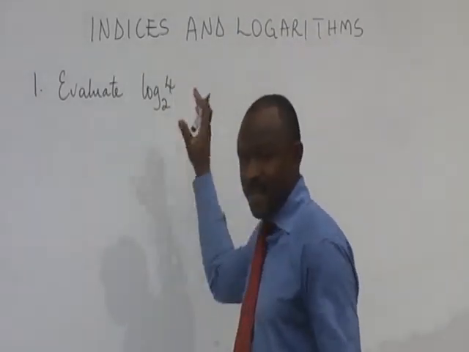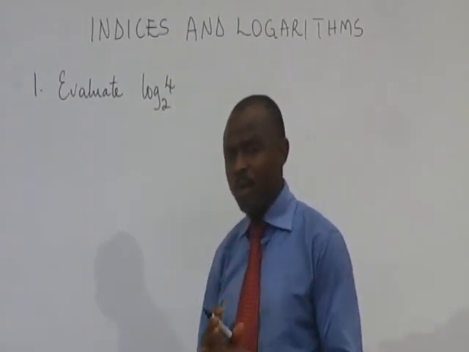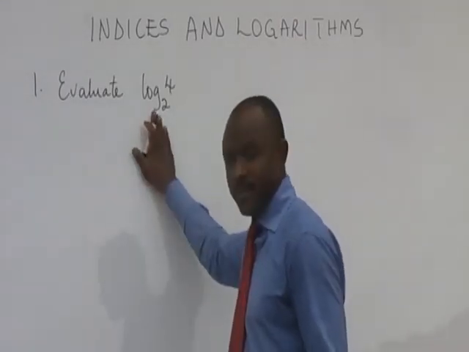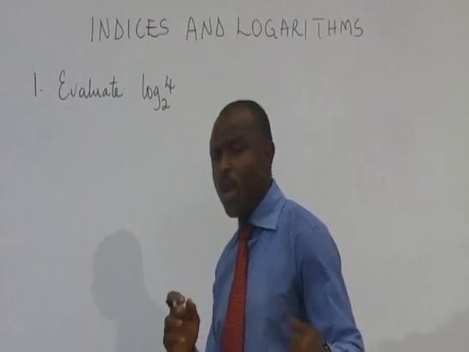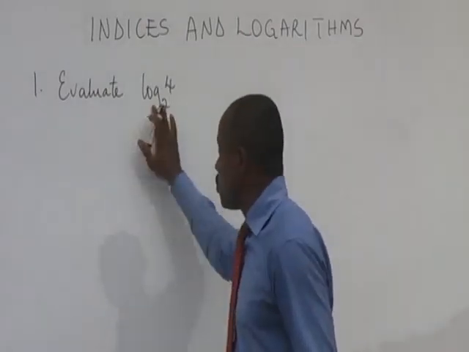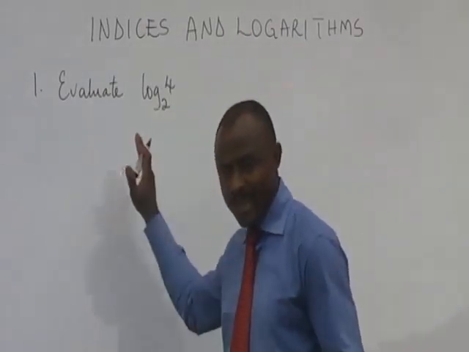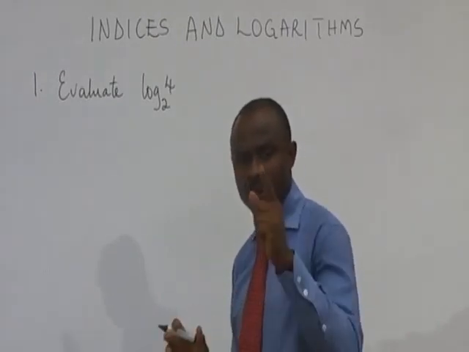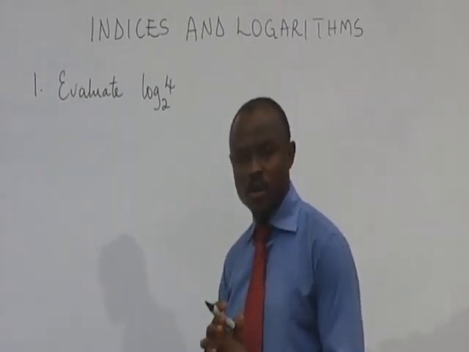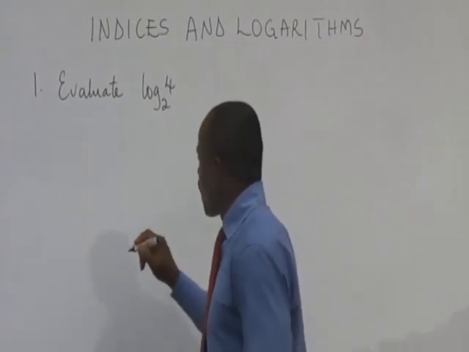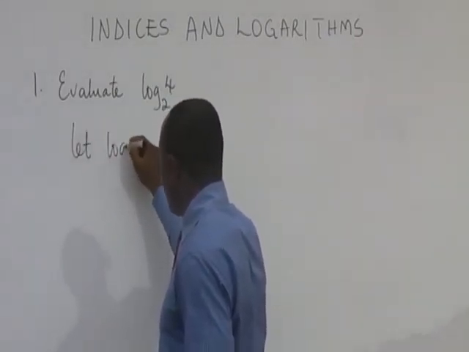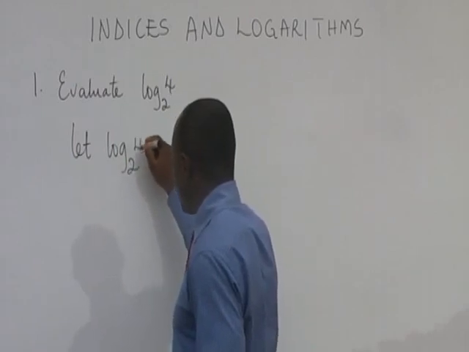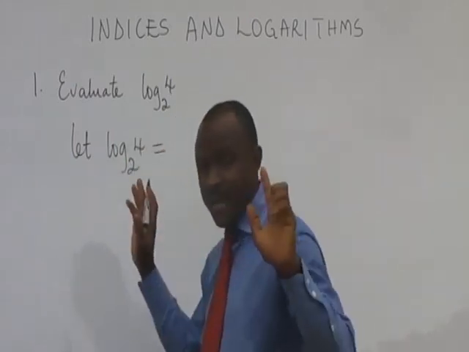This is the law of logarithms expressed. We are going to join it together with the laws of indices to be able to solve this question. The first thing you do when this question confronts you is this. Let the log to base 2 of 4 be equal to any letter.